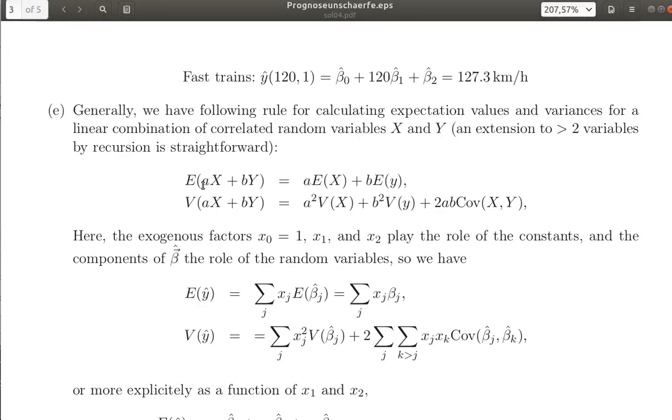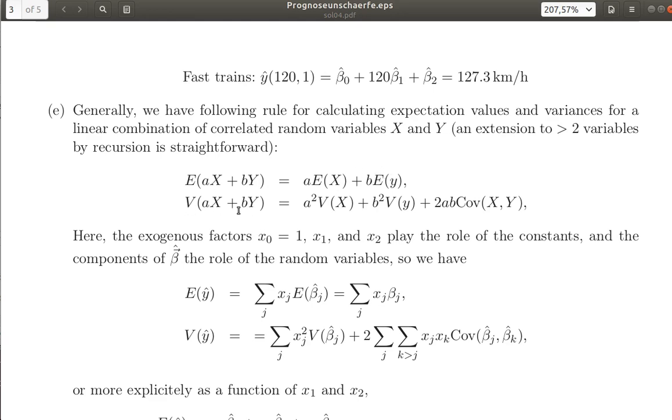And basically, let's assume we have here a general linear combination of two random variables x and y with some non-random real-valued prefactors a and b. Then the expectation is, as a linear operator, you can just pull the expectation operator directly to the statistic random variables. So we have this and this.